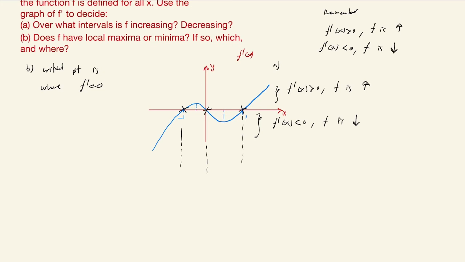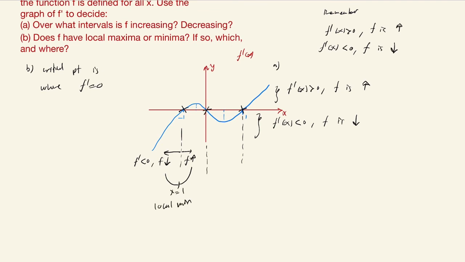At x equal to -1, on the left side the derivative is negative, which means the function is decreasing over that interval, and on the right side it's the opposite. Therefore, the function is increasing there. When we graph it, f of x is going to look like a decreasing value and then an increasing value. That shape is a local min. So x equal to -1 is a local min.